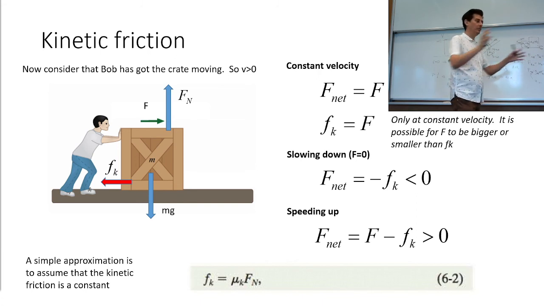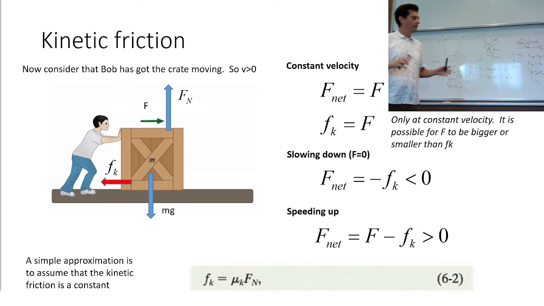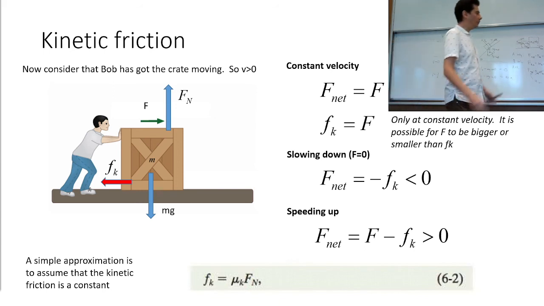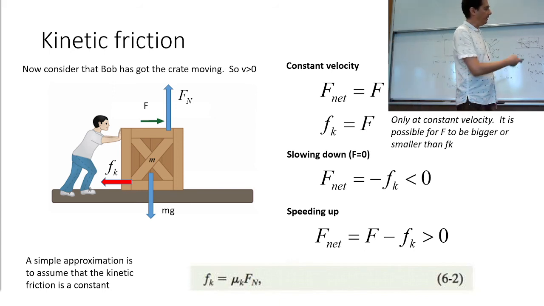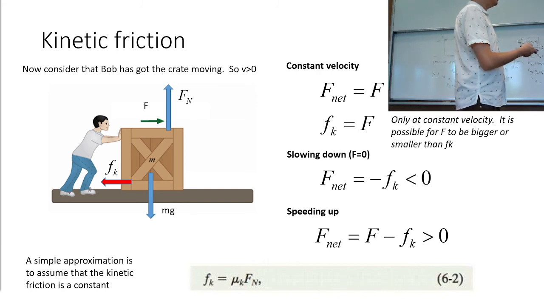This is not how you normally push things because it's a bit uncontrolled, but if he keeps on applying force, and if this force doesn't balance it, then of course this thing will keep on speeding up because you're constantly applying force.